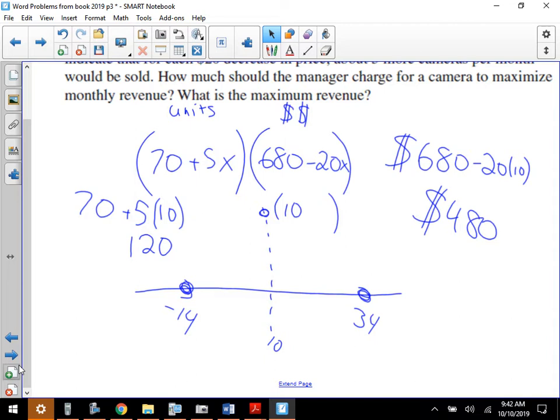All I'm doing is, if you put this in the calculator and find the maximum, it'll be at 10 comma, whatever these two numbers multiplied together. That's your actual value. Okay, that's one way of doing it. But remember, that value of 10 is representing the number of times it's increasing or decreasing. I want to make sure you guys remember that, because a lot of times students forget what that represents.